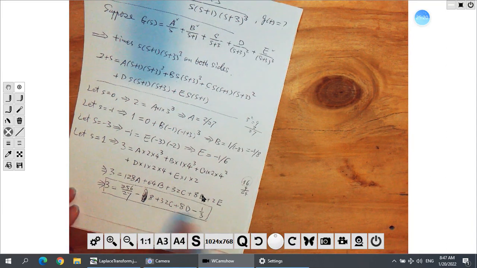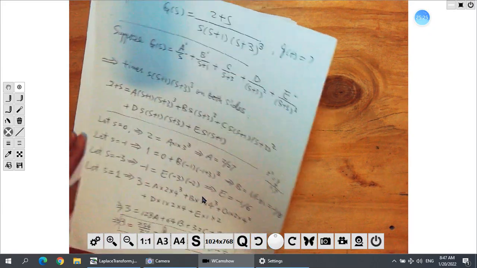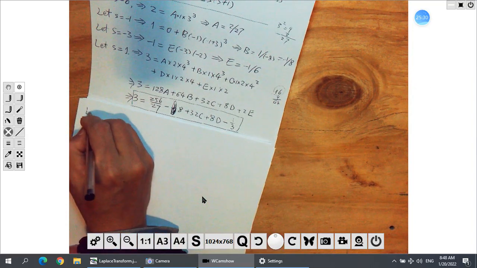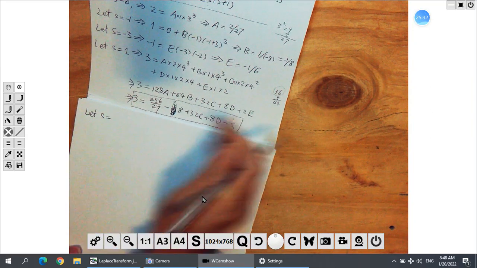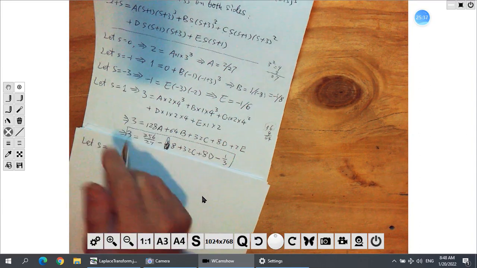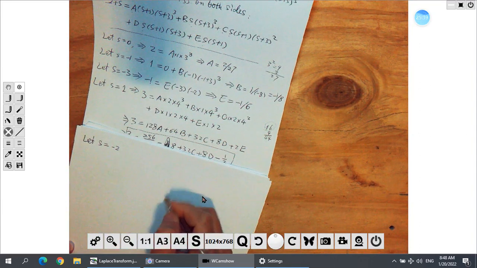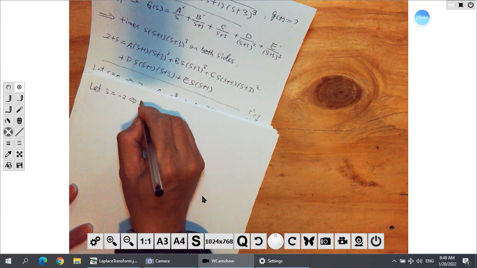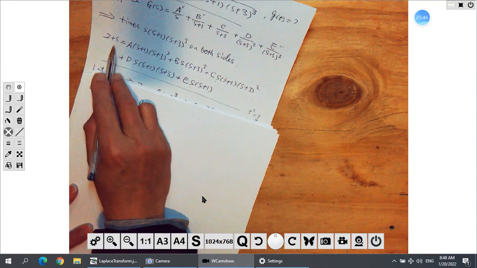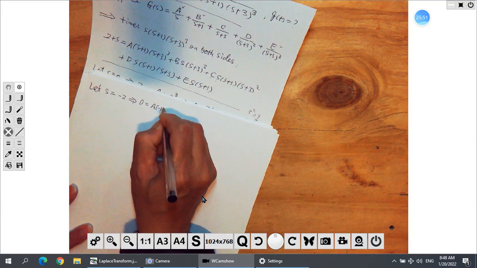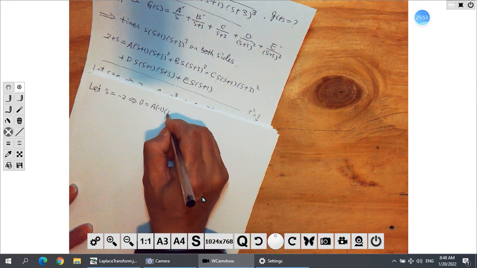But this is one equation with 2 unknowns, so it's not enough. We need another equation with these 2 unknowns. Now let s equal to, positive seems to make this large, so I use negative 2. Then I have, oh, this is 0. 0 equal to A times negative 2, negative 1, I get 1 cube.